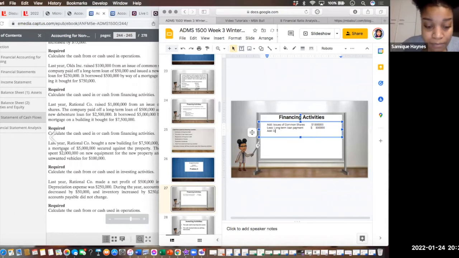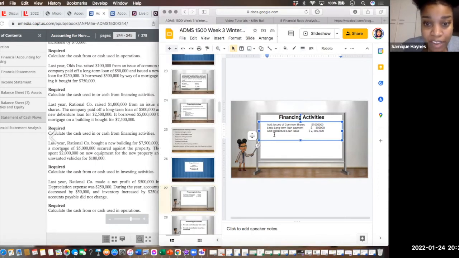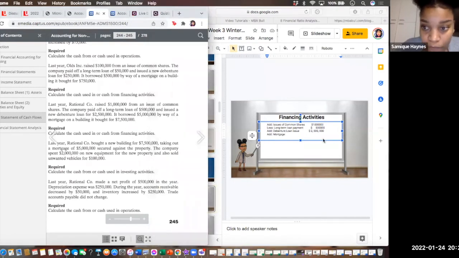So we will add debenture loan issue of $2,500,000. And then it says we borrowed $5 million by way of mortgage on a building it bought for $7,500,000. So we borrowed a mortgage. So we add mortgage, and that's a total of $5 million.